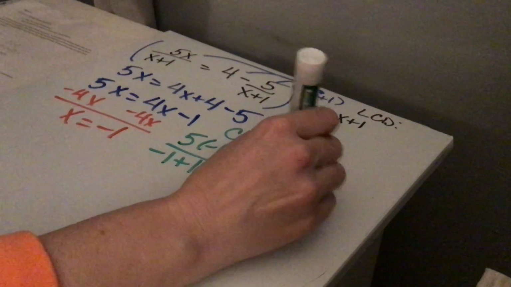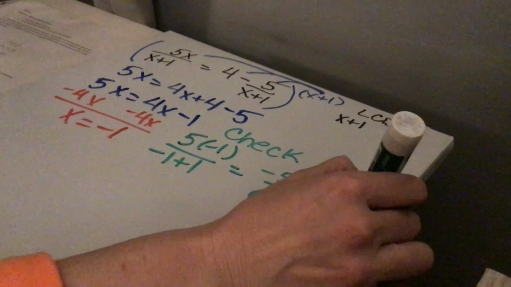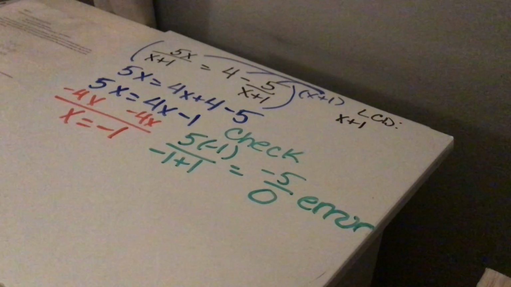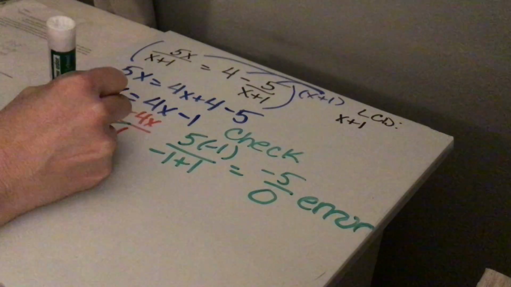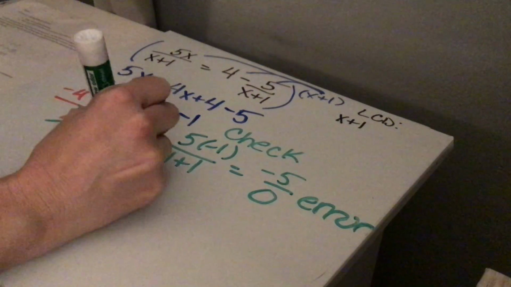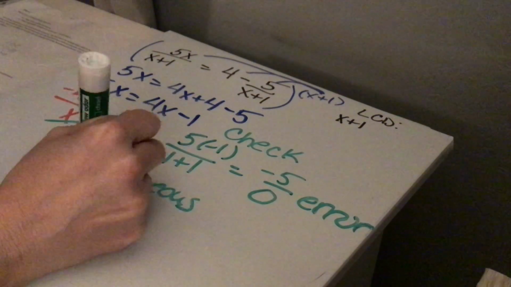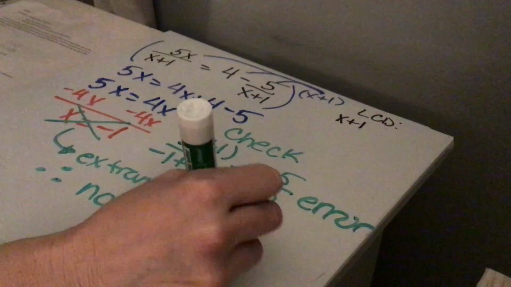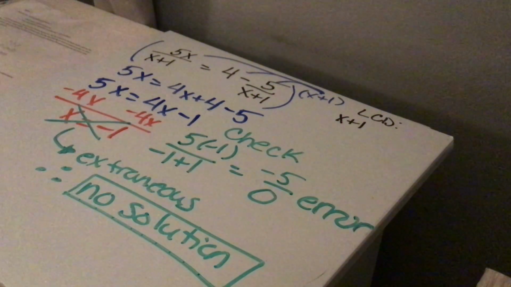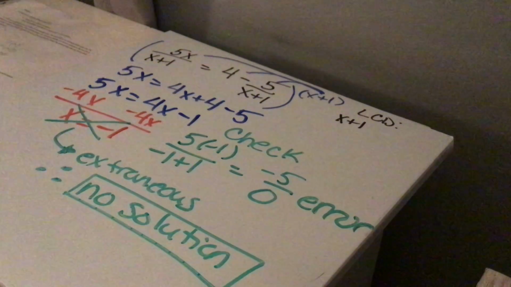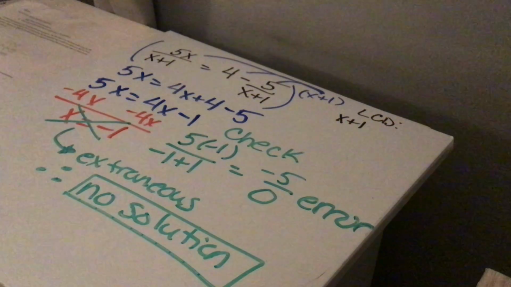Simplifying this, we get negative 5 over 0. Does that work? Does not. Gives us an error. So this x equals negative 1 is an extraneous solution. Therefore, our problem has no solution. Even though you found one, it doesn't actually work when we go back and check. It gives us a false solution. So our answer is no solution.